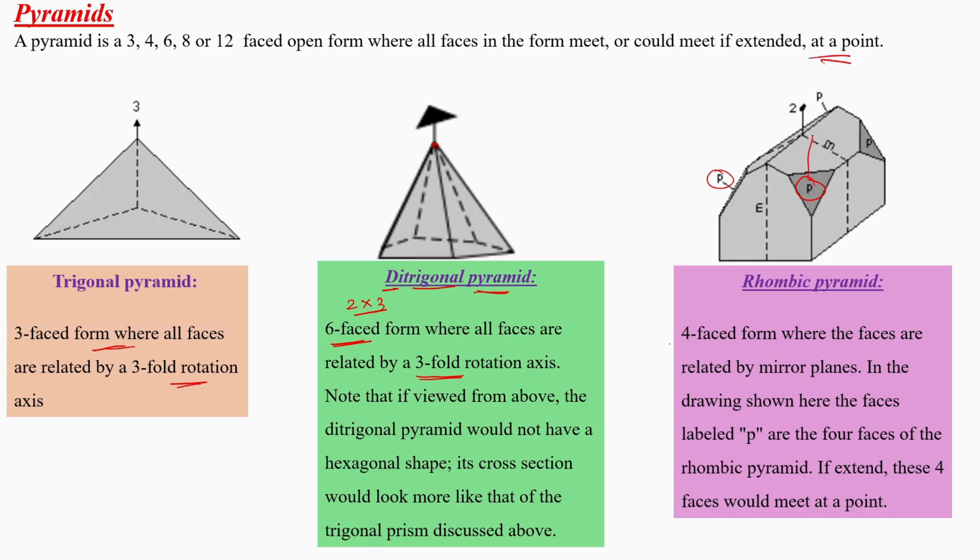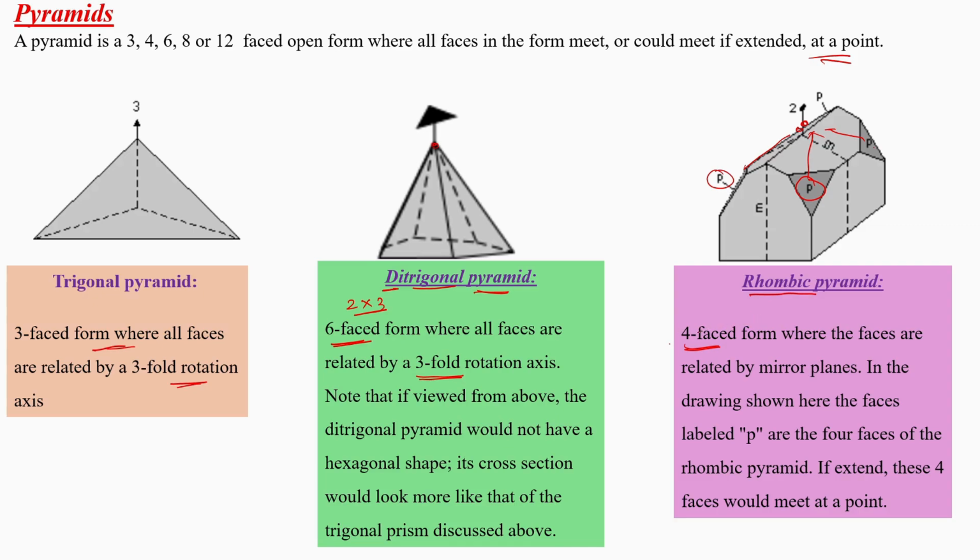If you project all these faces, they will be connected at one particular point. So when it is connected, it is a pyramid, and the 4 similar faces are called rhombic pyramid. If 3 similar faces connect at a point, it's a trigonal pyramid.